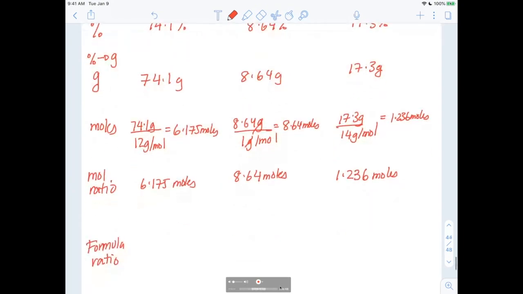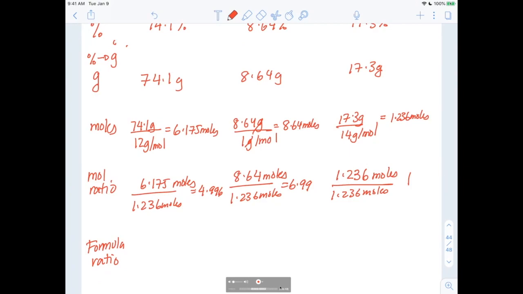Okay, so to get the mole ratio, divide by the least number of moles, divide by 1.236 moles, we get 1. Divide by 1.236 moles, so 8.64 divided by this top number here, and I get 6.99. And over here, 6.175 divided by 1.236 equals 4.996.